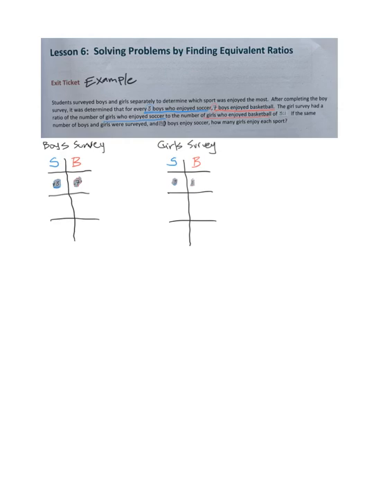Okay, so now we got those values plugged in, but we got actually another value that they're giving us that we can also plug in. This says there's 140 boys who enjoy soccer.